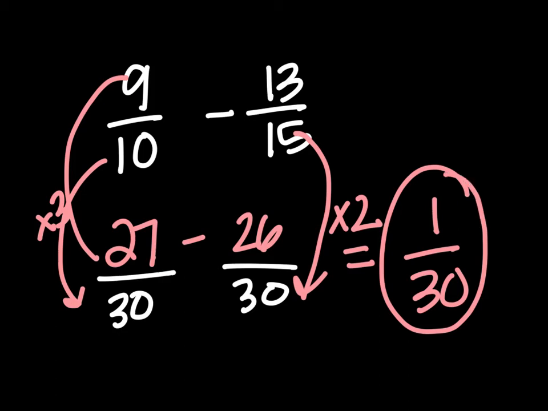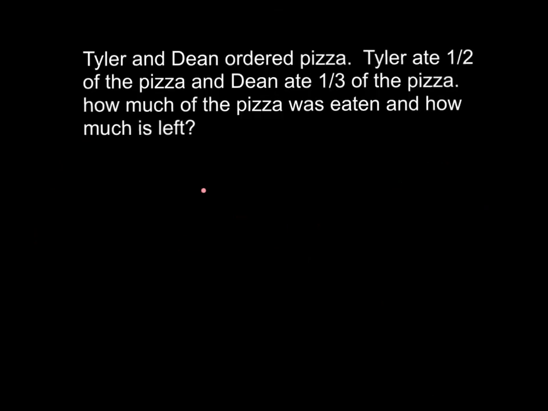Hopefully you said 1/30 of a gallon of paint. Okay? I know this process takes a little bit more time, but hopefully if you work it step by step, it's not going to feel too much harder than what we've already been practicing in the classroom. So let's just do one more word problem together, and then I will see you in class.